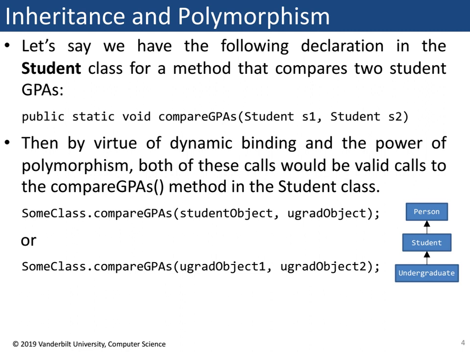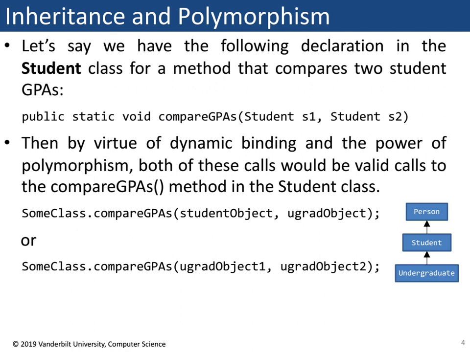By virtue of this dynamic binding and polymorphism, all of these calls here and here are valid calls. Notice that this was declared with a type student parameter for S1 and S2, so Java expects a student object to be passed to S1 and to S2 in the compareGPAs method.